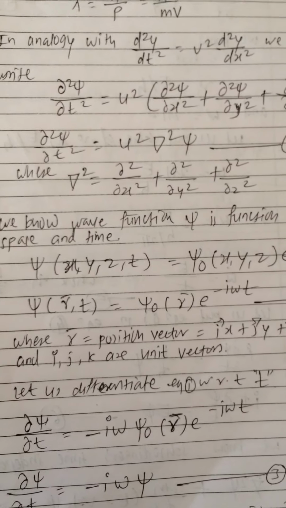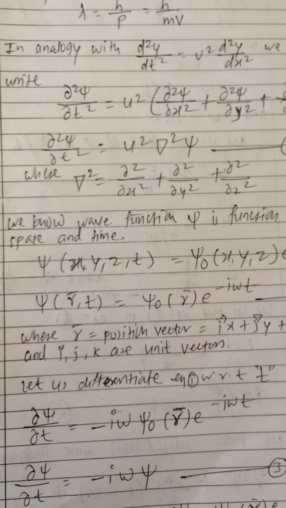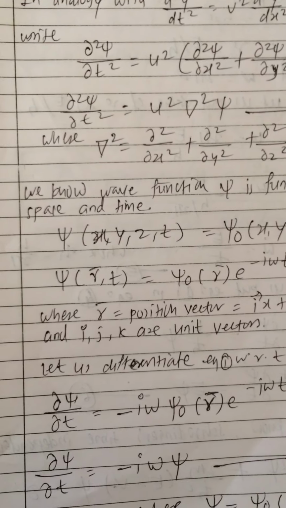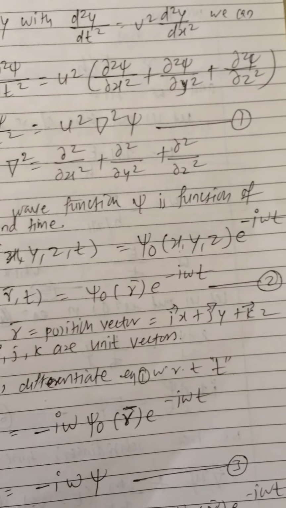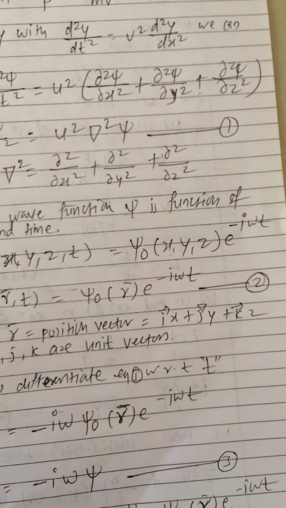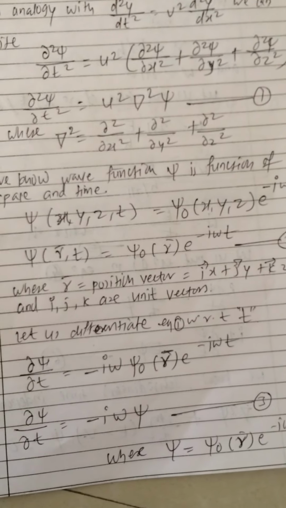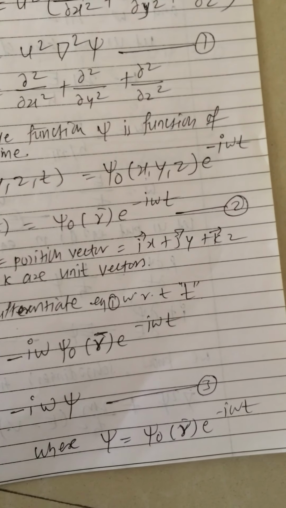Let us differentiate the above equation, equation number 2, with respect to t. So the equation will become ∂ψ/∂t is equal to minus iω ψ0(r bar) e raised to minus iωt. But ψ0(r bar) e raised to minus iωt is nothing but ψ.